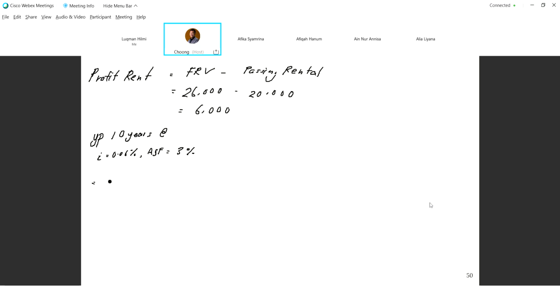Just write down for you. So 0.06, 0.06 plus 0.03 by 10 years minus 1, you likely get 6.72921.